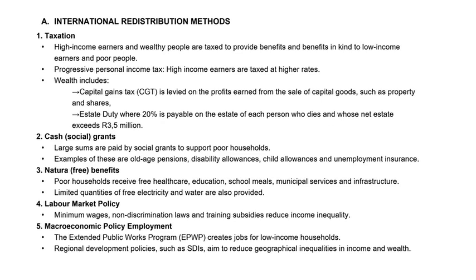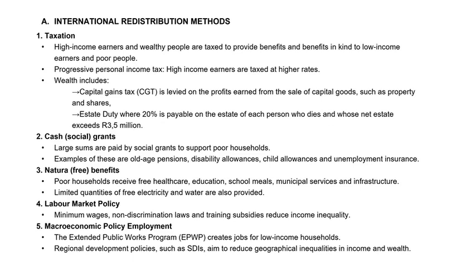Labor market policy: minimum wages, non-discrimination laws, and training subsidies reduce income inequality. Macroeconomic policy, employment: the Extended Public Works Program, known as the EPWP, creates jobs for low-income households.